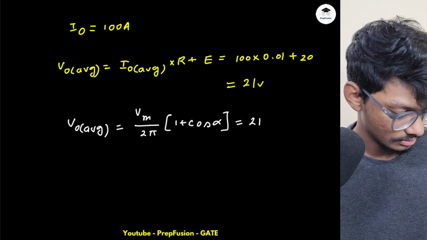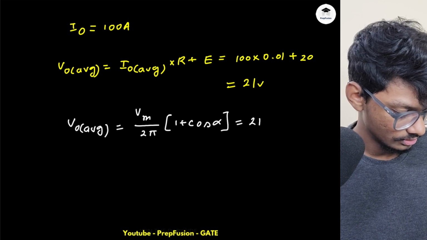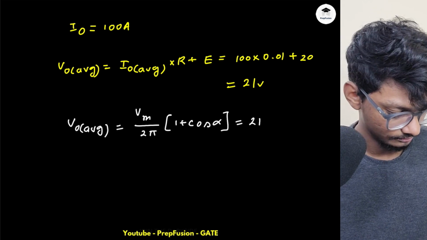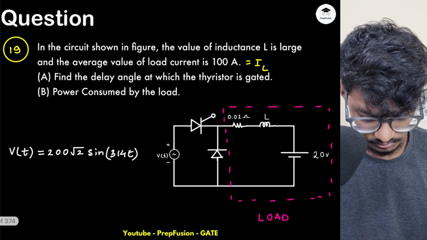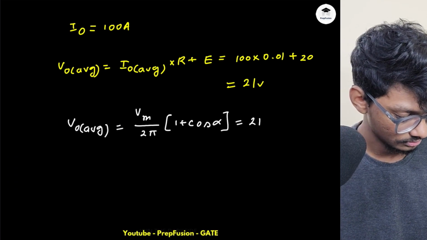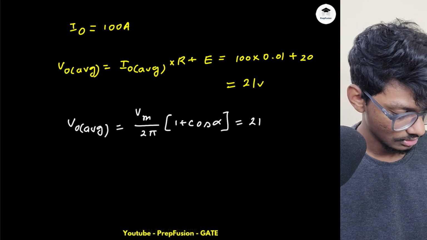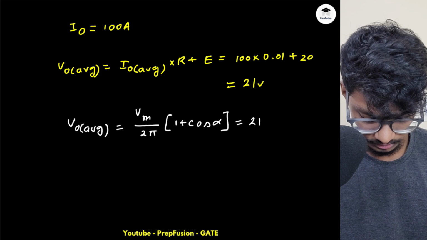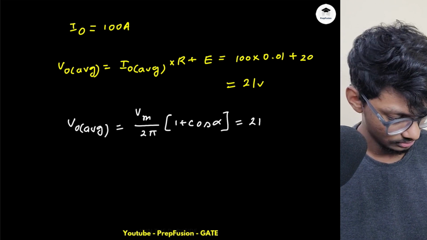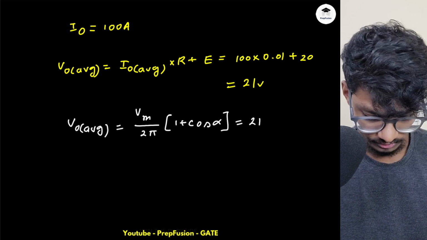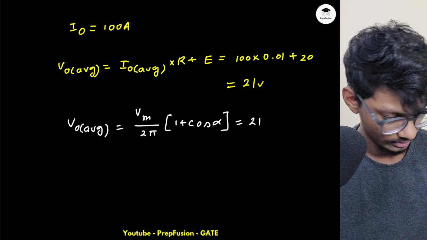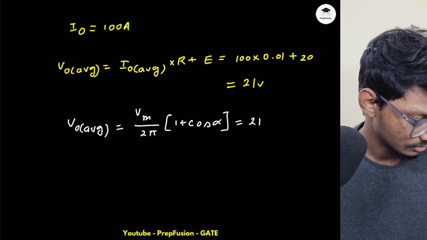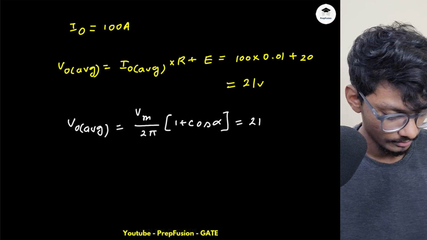So 21 into 2 into pi divided by 200 into root 2. Am I doing something wrong? 21 into 2 pi divided by 200 root 2, fine. I have to subtract this by 1, so cos alpha will come out to be something negative.